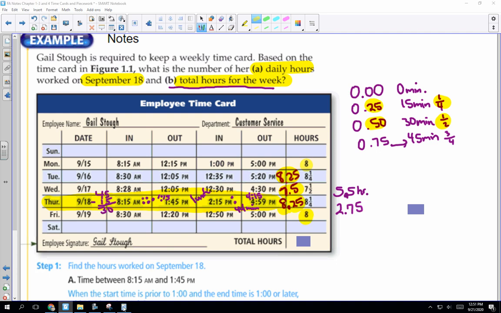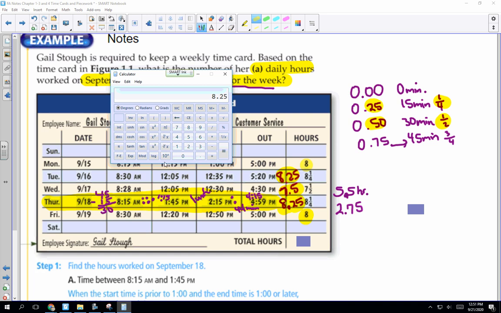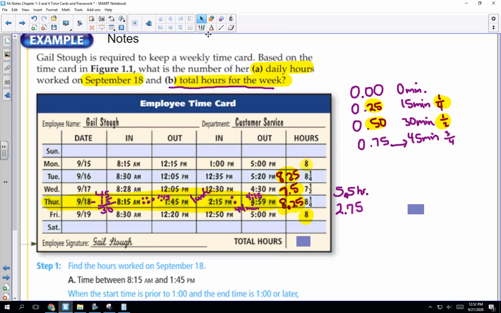So let me show you how that looks in the calculator. So we have 8 plus 8.25 plus 7.5 plus 8.25 plus 8. Boom. And we got 40 hours. Getting our full-time pay. Hey, hey.